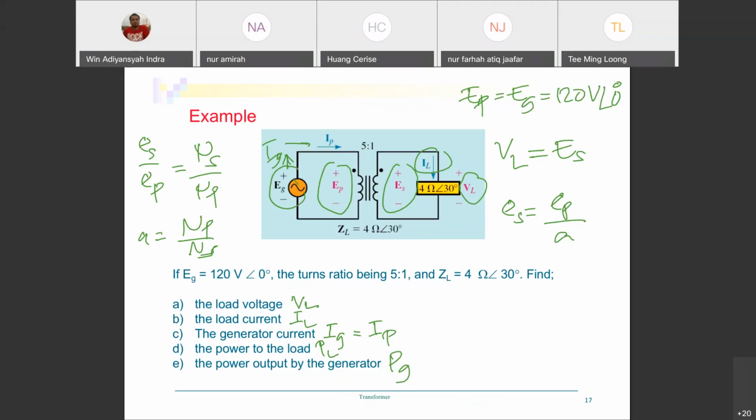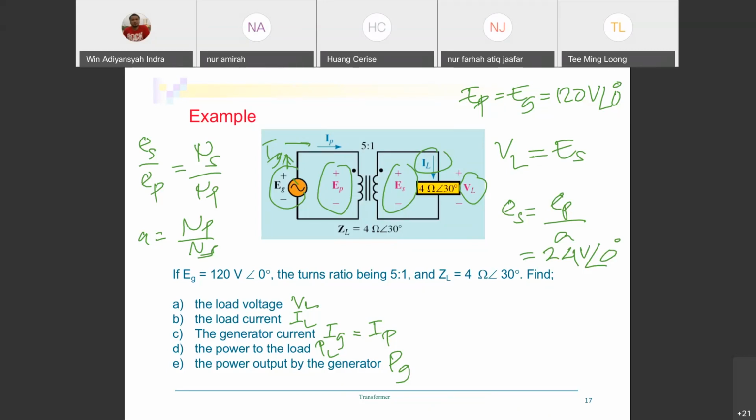So from here, 120 divided by A. Just now A equal to 5. So 120 divided by 5 is 24 volt with 0 degree, because A has no degree.